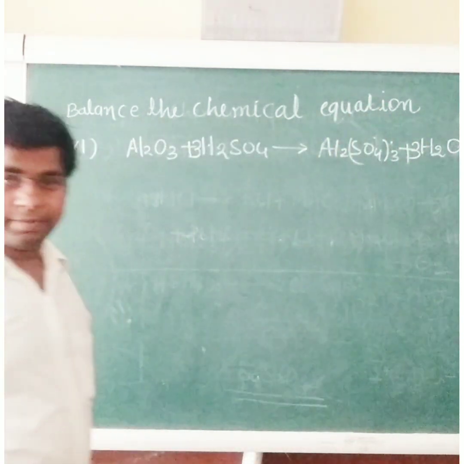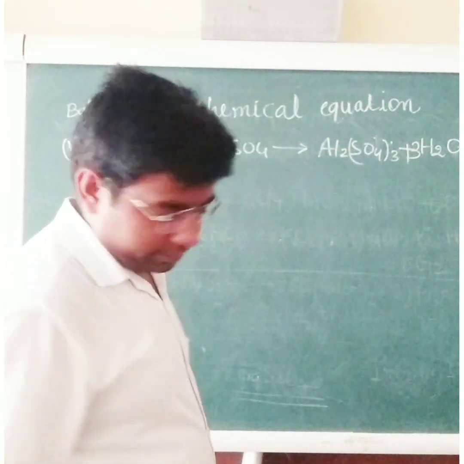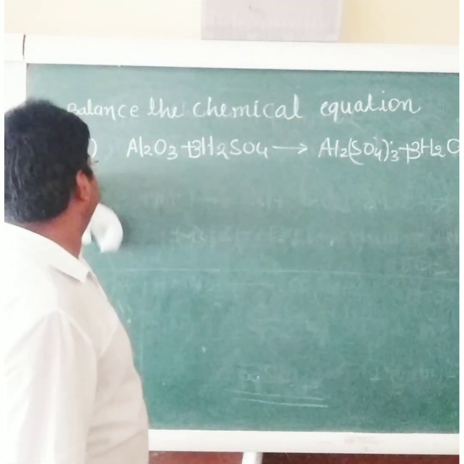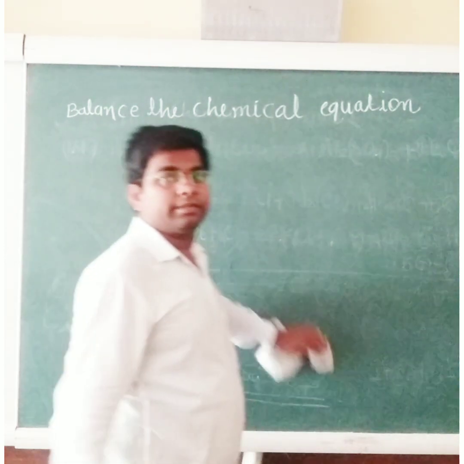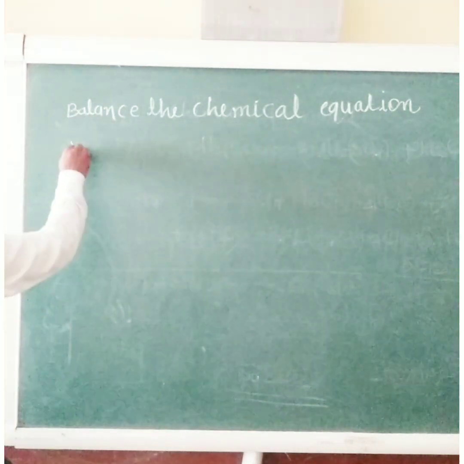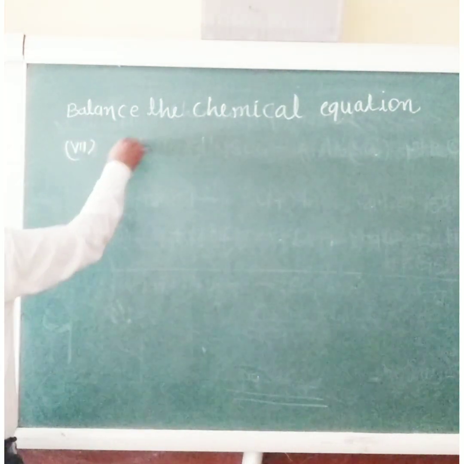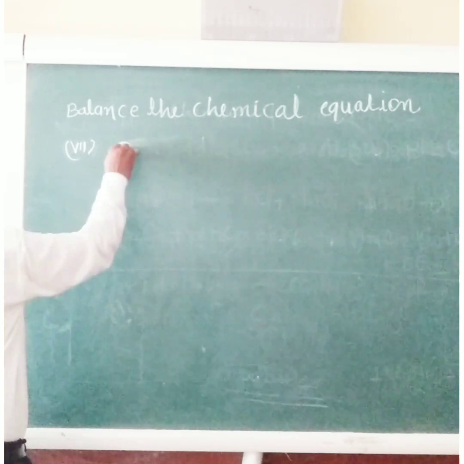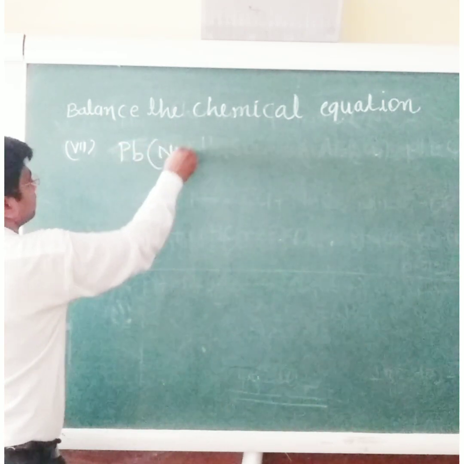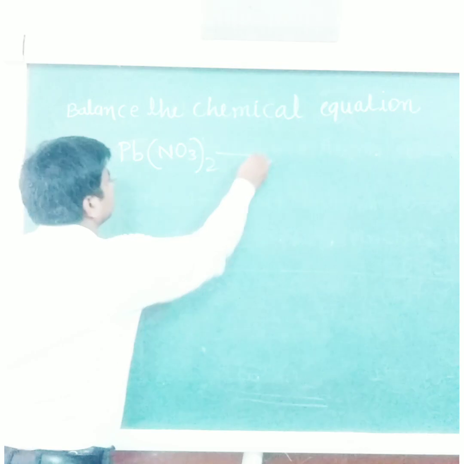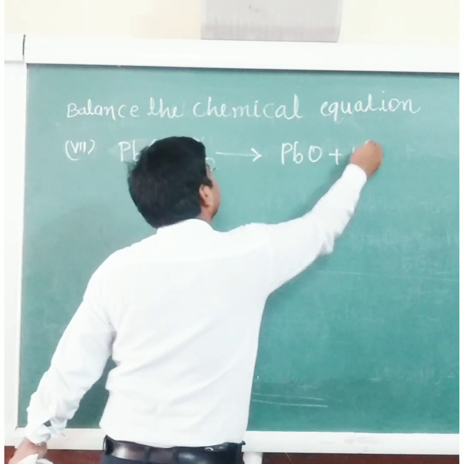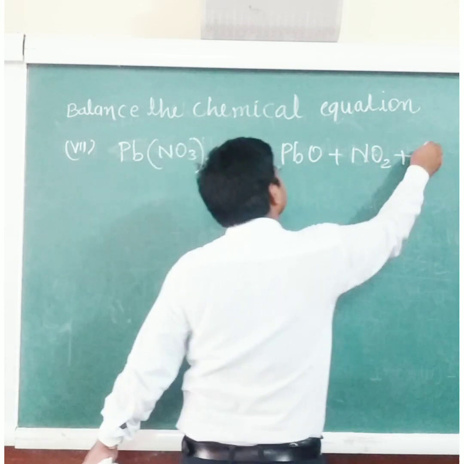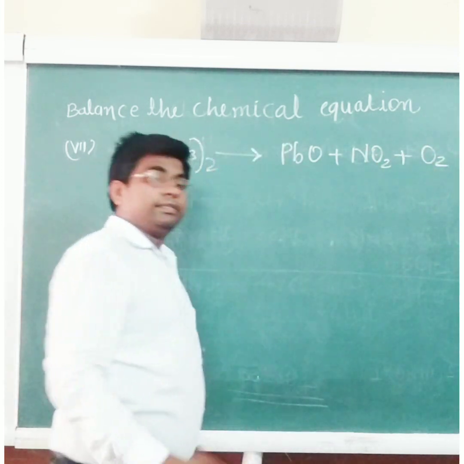Overall equation is balanced. My next problem, heating of the lead. Okay, this is very simple. Heating of the lead nitrate gives PbO and plus elementary gas, oxygen is also given.